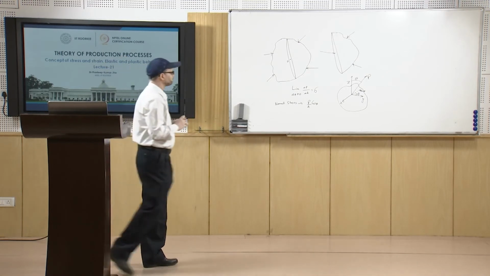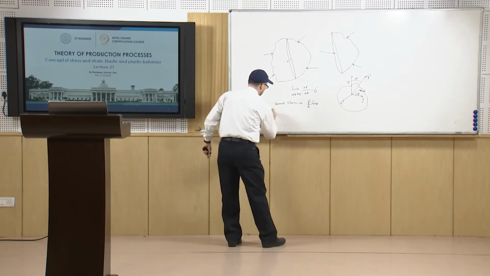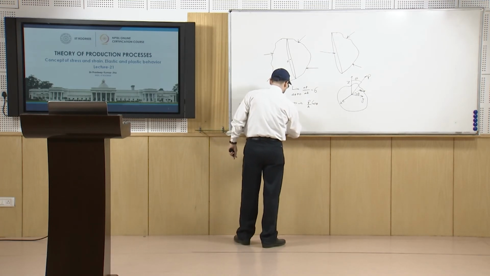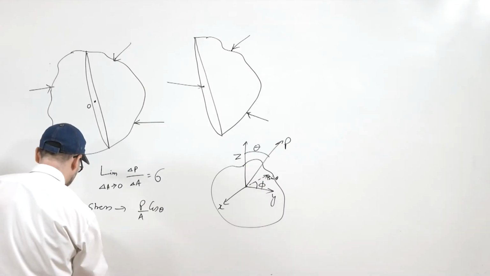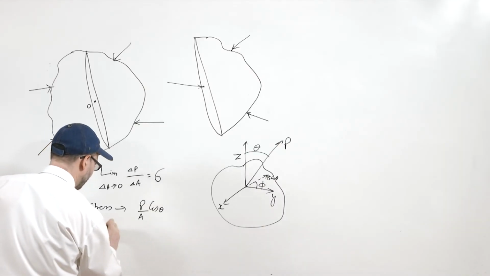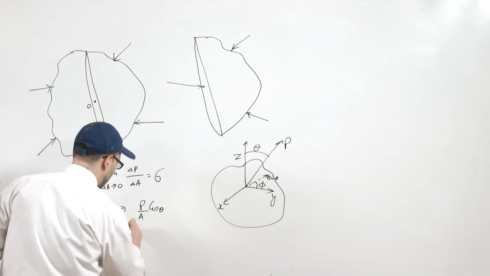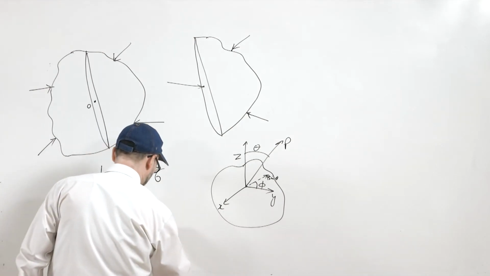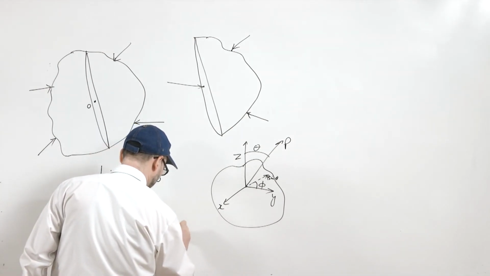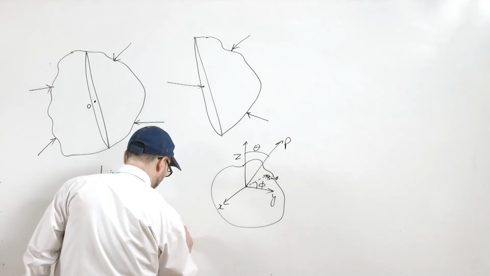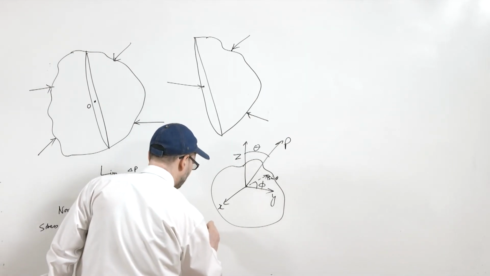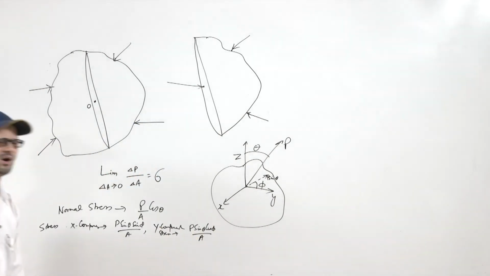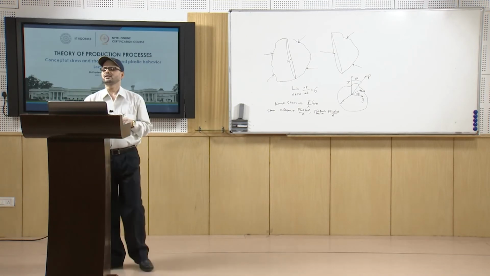So, the x component stress will be P sin theta sin phi by A, and the y component stress, that is shear stress basically, will be P sin theta cos phi by A. So, this is how you find these two.